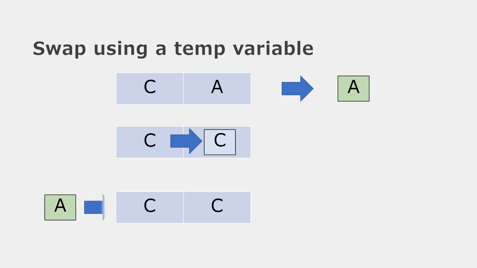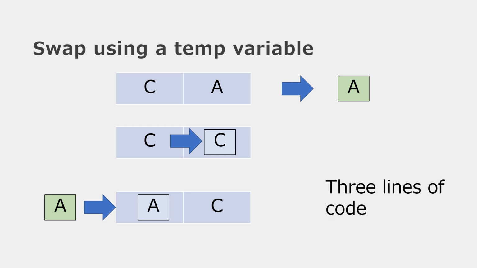So A overwrites C. So it's a 3-step process. We have to store one of the values, then overwrite it, and then copy it back over. This has the same effect as tuple substitution, but it takes 3 lines of code. See if you can write that code now.